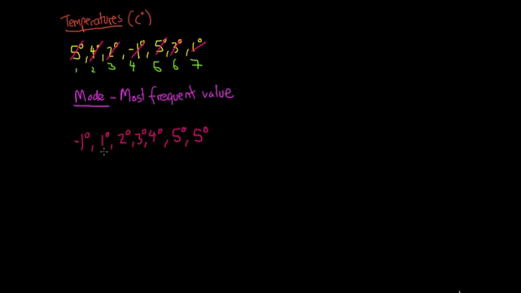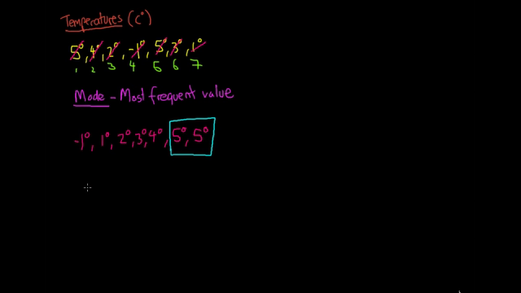And there's only one observation at 1 degree. There is only one observation at 2 degrees. There's only one observation at 3 degrees. There is only one observation at 4 degrees. But we can see that these last two observations are the same. So we'll notice that both of the observations are 5 degrees.